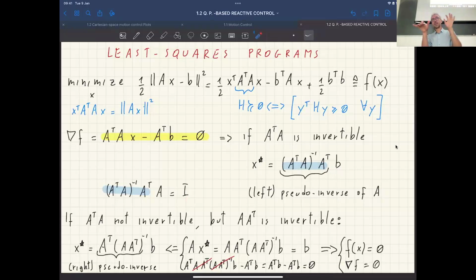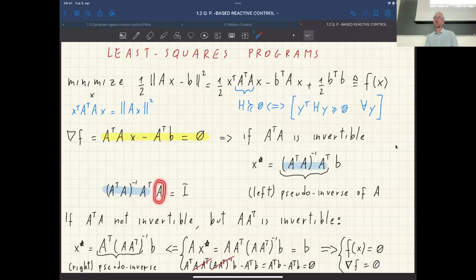If you multiply A times that matrix, you don't get the identity. So it works only on one side. It's not a real inverse. Why is it pseudo? Because it works only on one side. Or you could say it's pseudo because it's the closest approximation to an inverse of something that cannot be inverted, because A is not square.